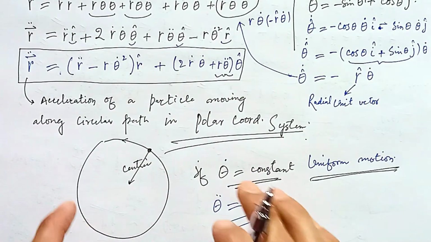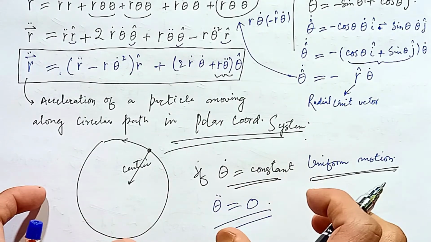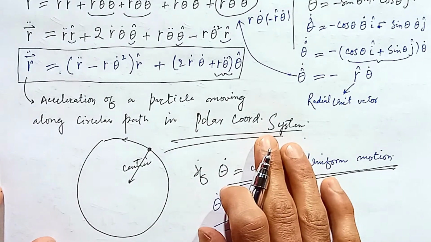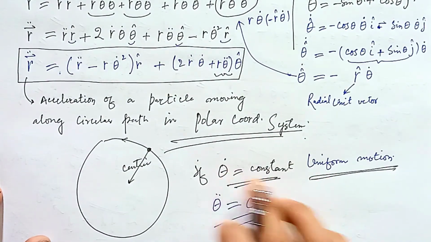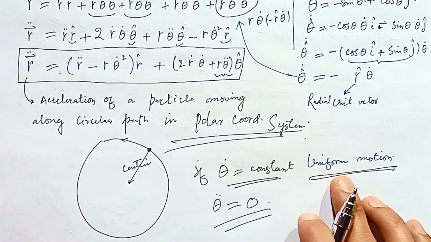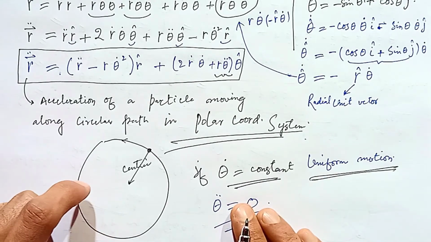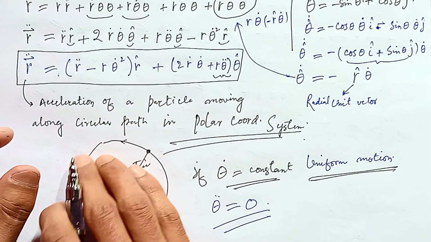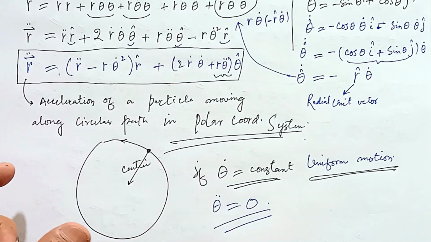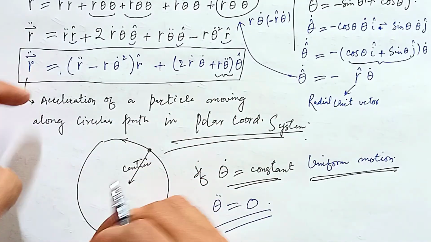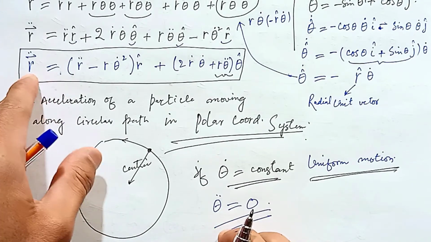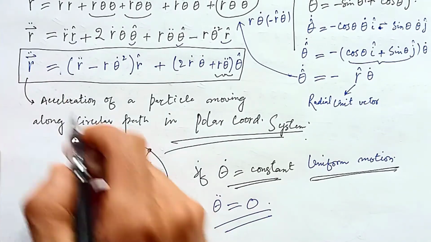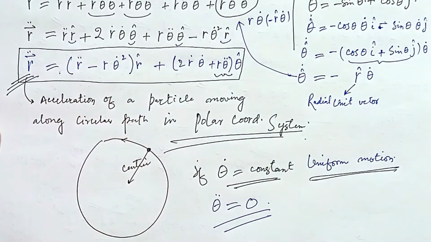So you have to keep in mind that whether it is the Cartesian coordinate system or the polar coordinate system, even though theta dot is constant, that is uniform motion, still acceleration is produced inside the body if it's moving along the circular path, and the force which causes that acceleration is the centripetal force. The acceleration produced by that force is given by this very thing.